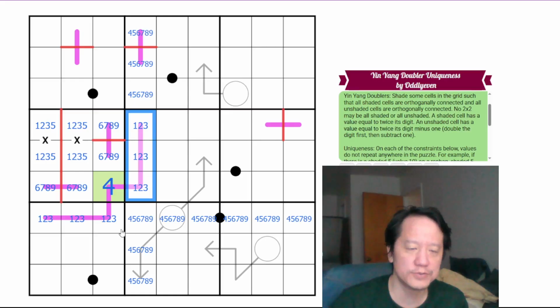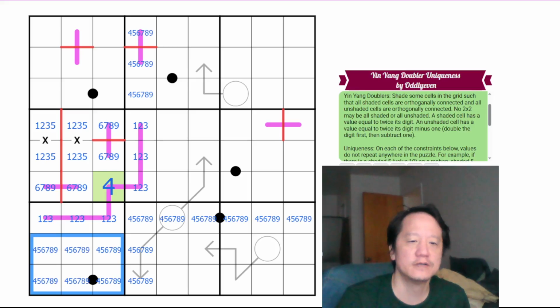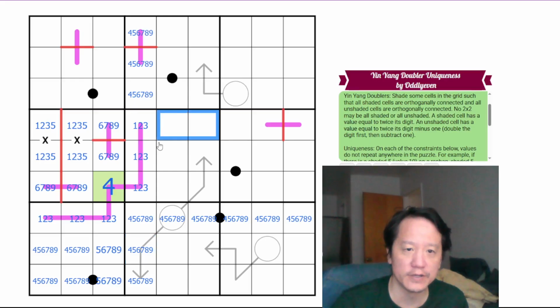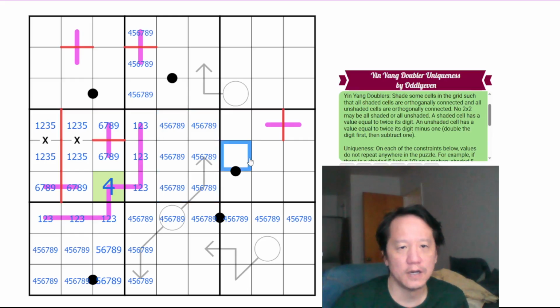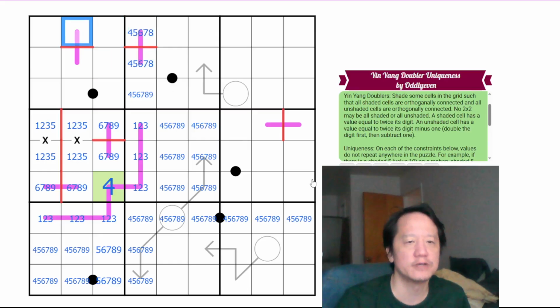Because we have a 1, 2, 3 triplet here, a 1, 2, 3 triplet here, these are also 4 through 9. No 4 here, no 4 here, and these are 4 through 9. That's interesting. You cannot have a 9 on the rest of these red bands, but it could be 4 through 8.